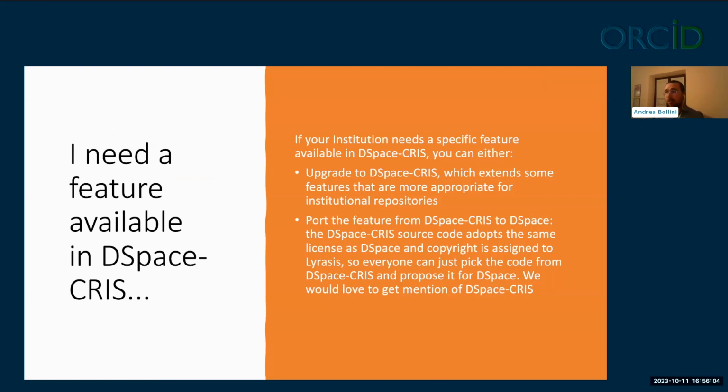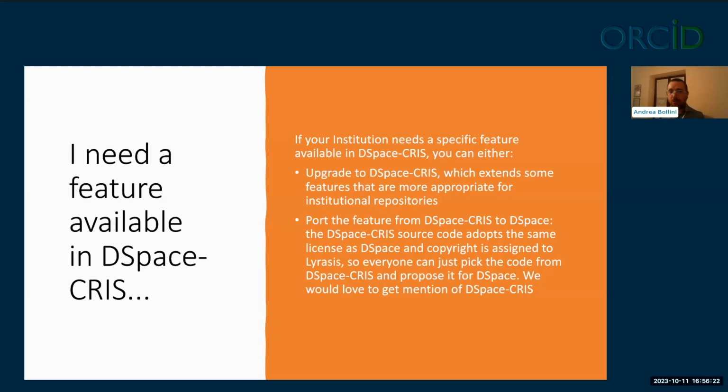You can also decide to port the individual features that you need from DSpace-CRIS to DSpace. DSpace-CRIS is open source. Everything is available on GitHub. We have decided to adopt the same license as DSpace, and the copyright is already transferred to Lyrasis.